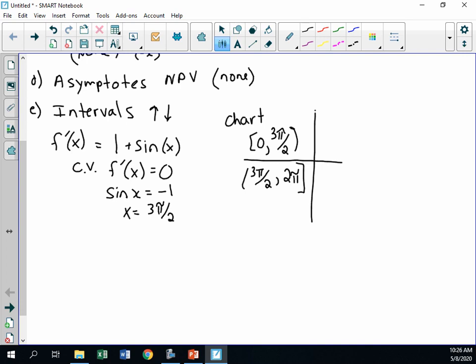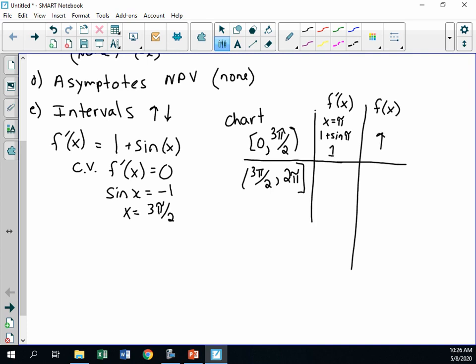With a closed interval, remember, we can now have absolute maxes and mins, potentially. So let's say for checking out what's happening to my derivative, to tell me what's happening with my original function, that's our goal. If I use x equal to pi here, something between 0 and 3 pi over 2, 1 plus sine at pi, what is sine of pi? It's just 0, so we're going to get 1.